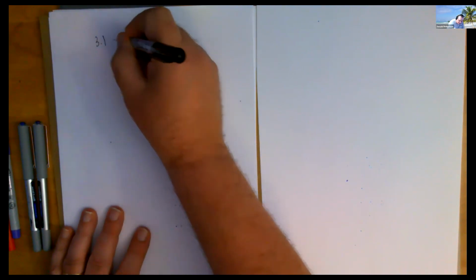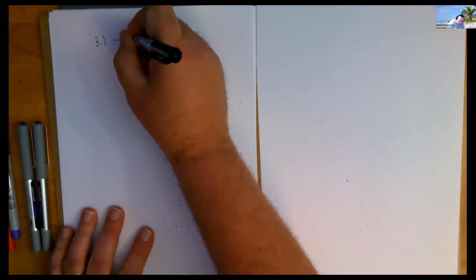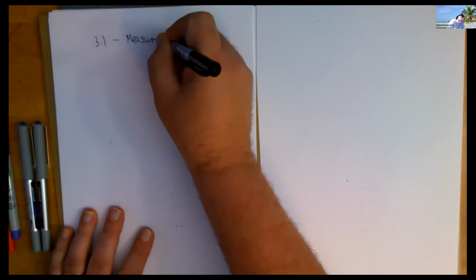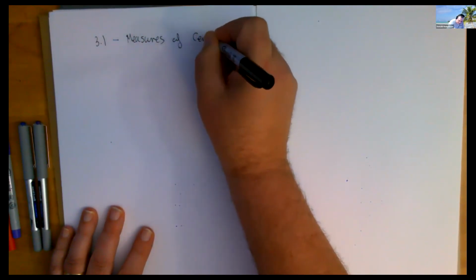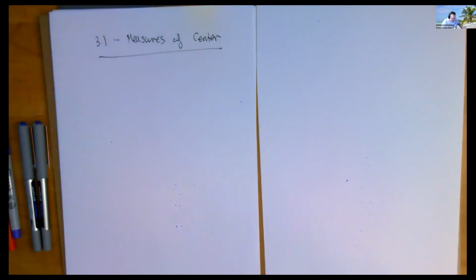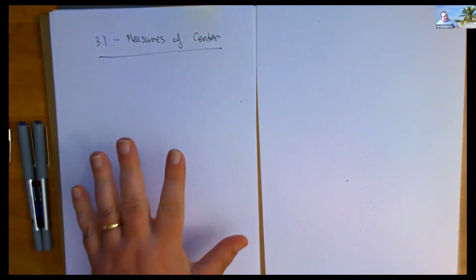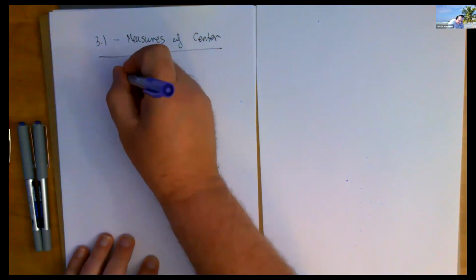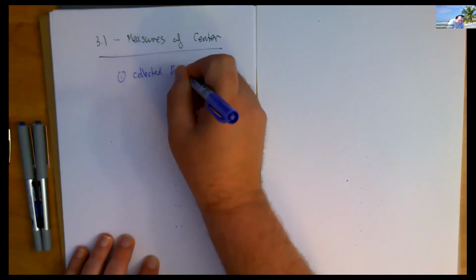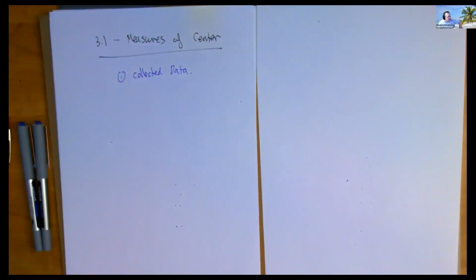So we're going to look at section 3.1, which is measures of center. Let's look at what this story is about. Let's assume that you've collected the data, and we've got good data. We've made sure that it was a good sample. We didn't bias it in any way.